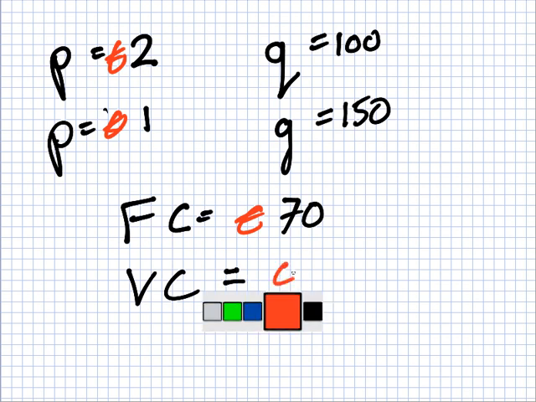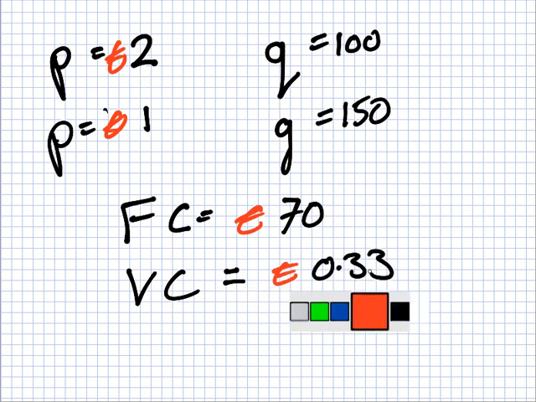That works out to be 33 cents. So for example, if they sell nothing, what's their bill? 70. If they sell one cup of coffee, what's their bill? 70.33. So it's 70 plus 0.33. So we can get a formula going.